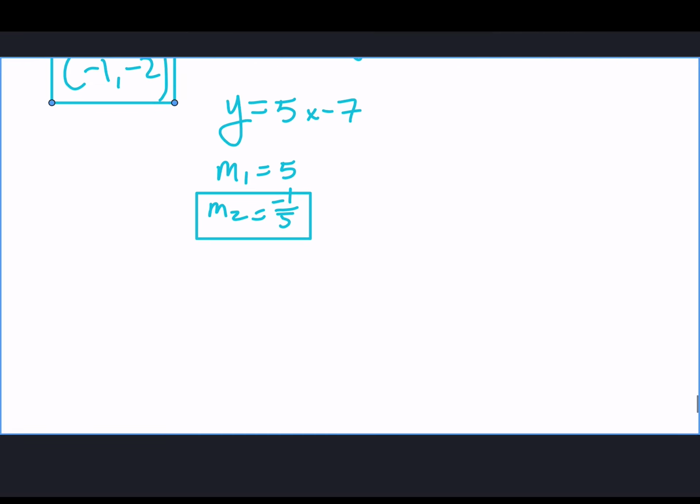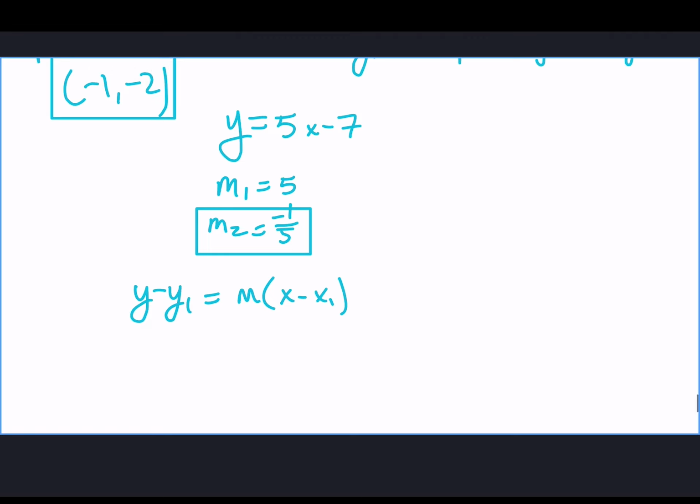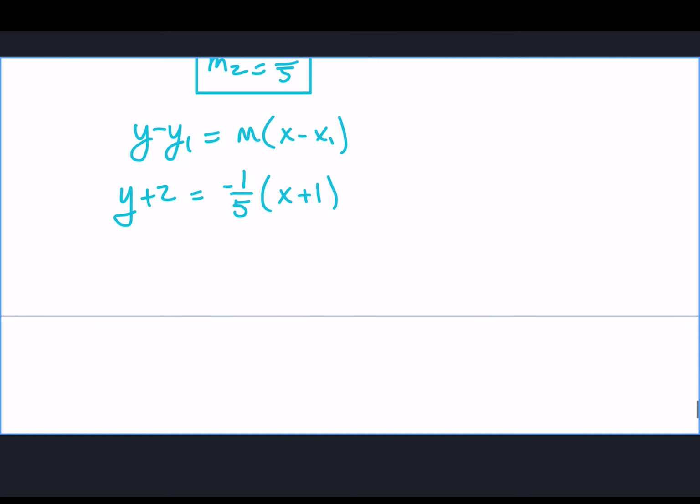So let's plug in y minus y1 equals m times x minus x1. Instead of y minus a -2, it's y plus 2, right? And our slope is -1/5. And instead of x minus a -1, it's x plus 1. Okay, can we simplify this?